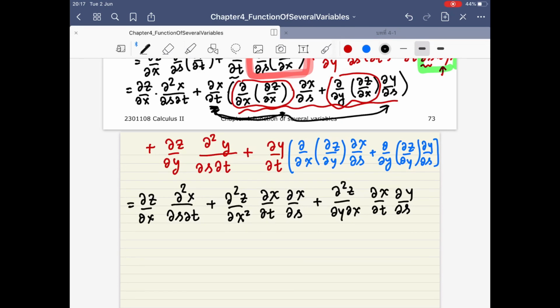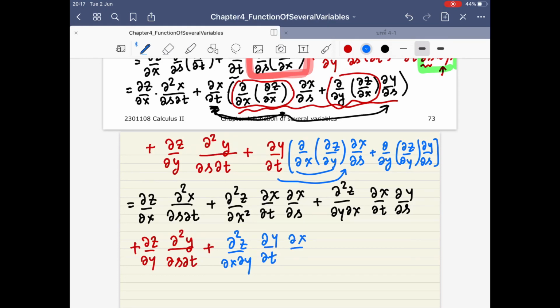And then with this red term, this was already done, so you got nothing but to copy it down. For the blue term, this one is a d2z by dx dy, and here you can distribute inside, so you have dy by dt, dx by ds, and then this one is just simply d2z by dy square, and you distribute this one inside, so to have dy by dt and dy by ds.